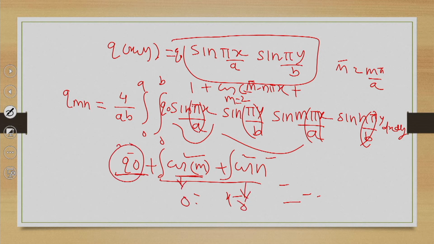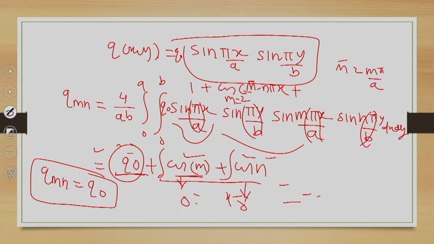Only q naught comes up, a non-zero contribution. So, in Q_mn, a and b will cancel out, and 2 and 2 cancel. So, Q_mn is just q naught. So, that is the easiest one.